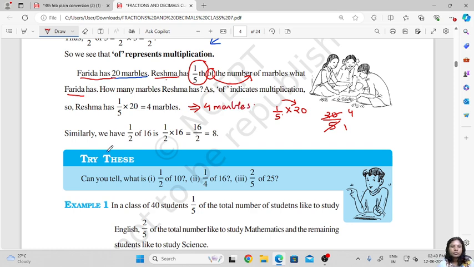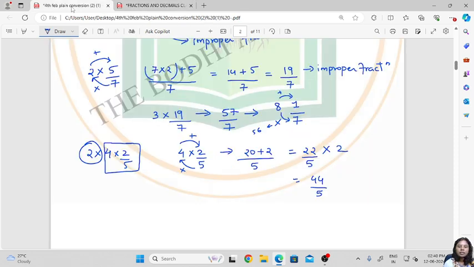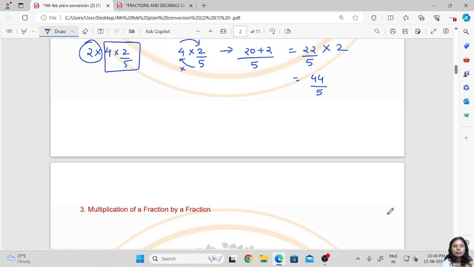Okay, now moving ahead, let's try to solve this one. In a class of 40 students, 1/5 of the total number of students like to study English, 2/5 of the total number of students like to study maths, and the remaining students like to study science. We will solve it here itself.